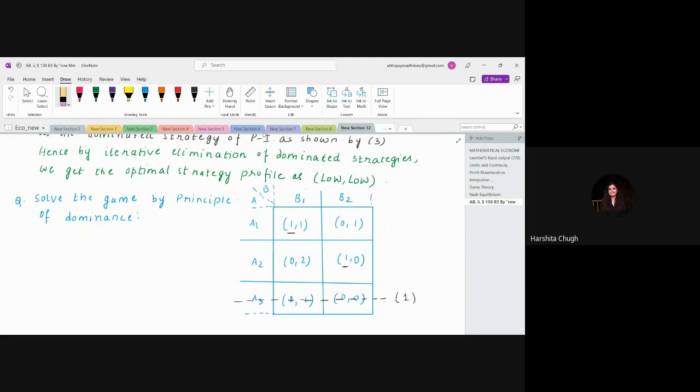Second, anyone? What will be the next step? Yes, Harshita. So fix the strategy of player A as A1, and player B will choose either of the two strategies, so let us put a line under both. And by fixing A2, player B will choose B1. Okay.